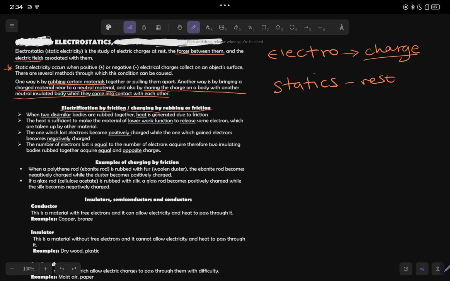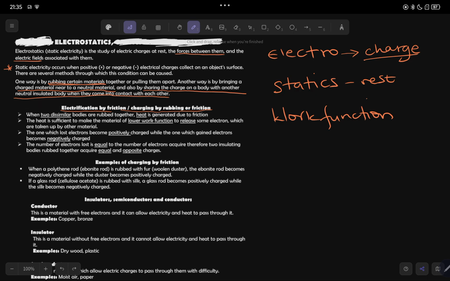Now, I would like to talk about something called work function. Materials have electrons which are a part of their atomic structure. They are part of the atoms. But these electrons are firmly bound to their nuclei by electrostatic forces between the electrons and the nucleus.